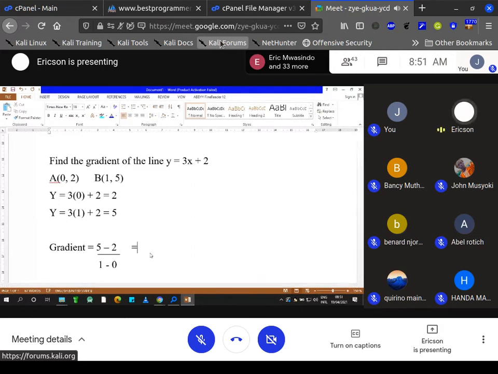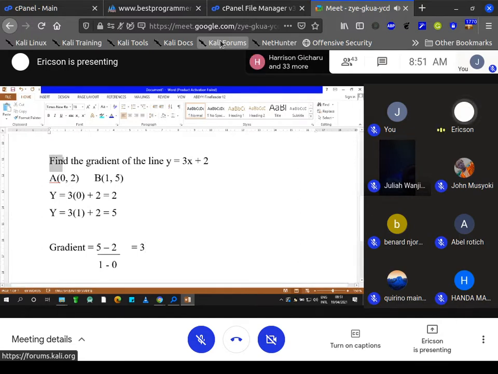This will give you 3. 5 minus 2 is 3. 1 minus 0 is 1. And 3, when you divide, 3 by 1, it will give you 3.